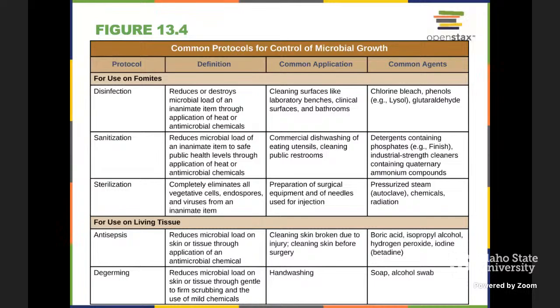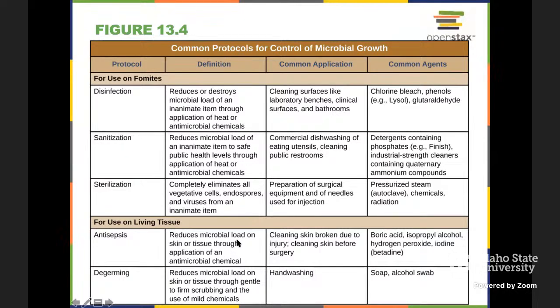In both circumstances, like our sanitization, we're trying to reduce down that load, but your tissues, you don't want to cause damage. So we have definitely different substances that we would employ in these circumstances compared to up above.